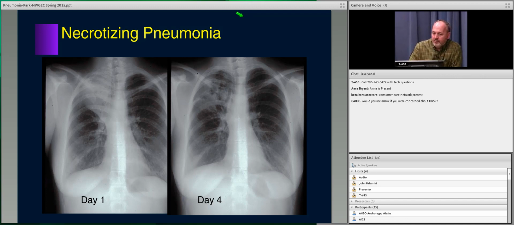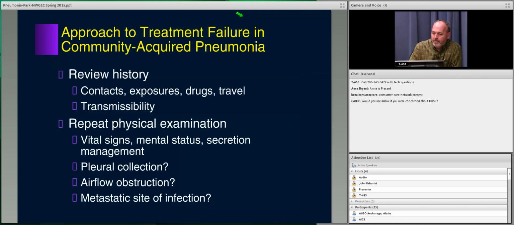Here's another pneumonia. This probably should have been recognized as an aspiration pneumonia on day 1 with the upper lobe volume loss and so on, and maybe there's a little bit of air showing in the middle of it, but then by day 4, when the patient was still febrile and coughing up oodles of gook, follow-up x-ray showed infiltrate with multiple cavities, necrotizing pneumonia.